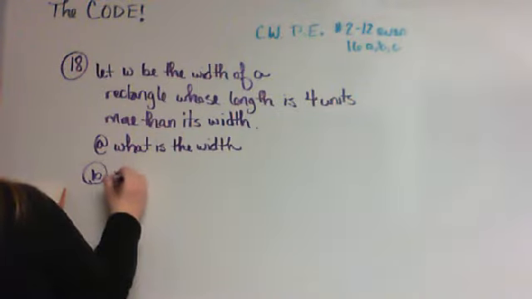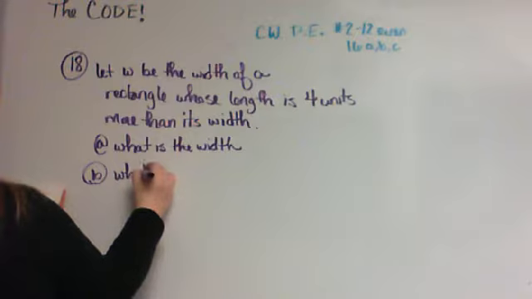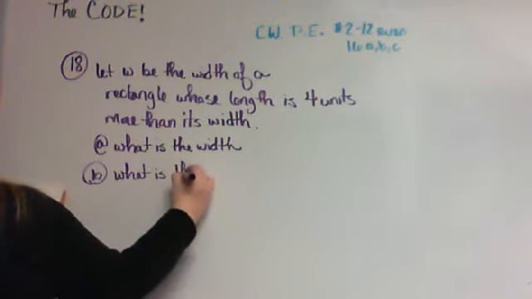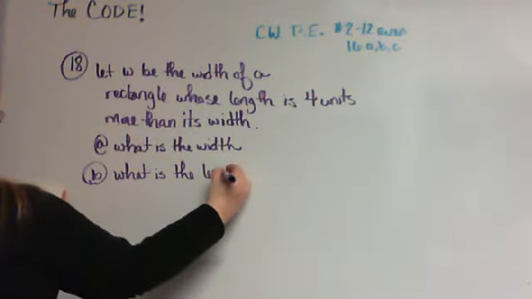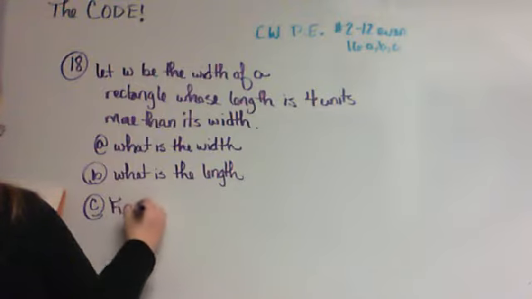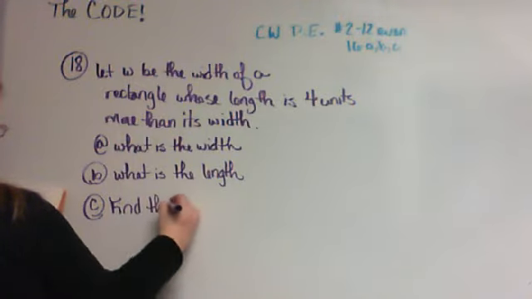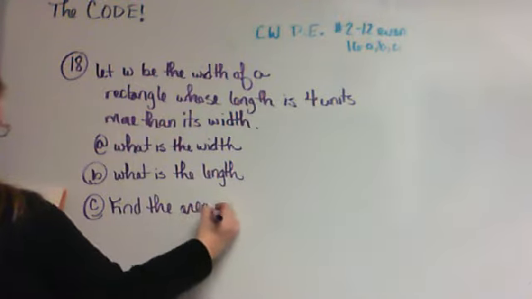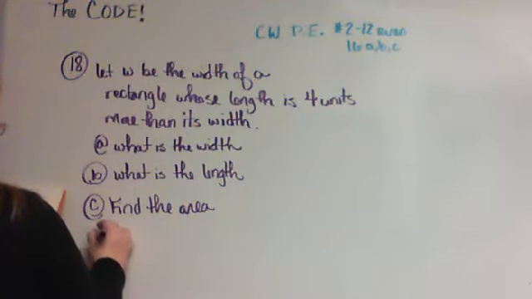B is, what is the length? C is find the area. And D is find the perimeter.